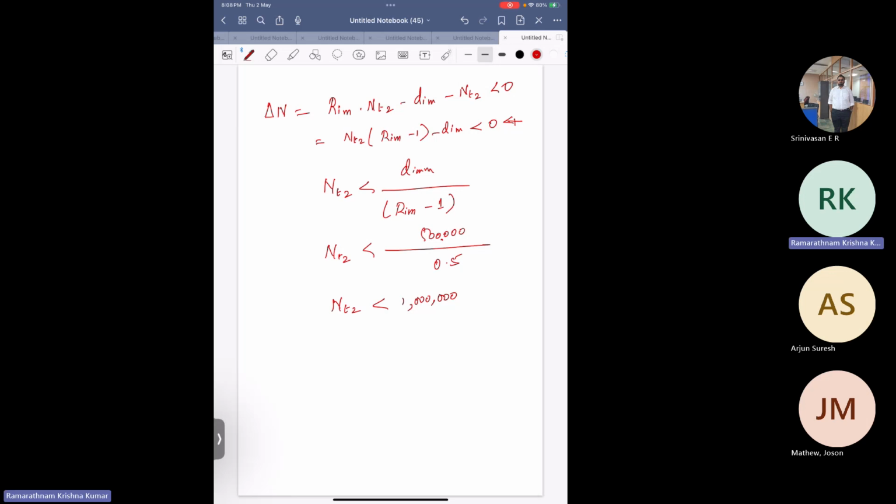So, what is your conclusion? Without the drug, if it reaches 1 million, it means... No, look at that carefully. When is your immune response kicking in? At 2 million. Oh, so it is not possible.